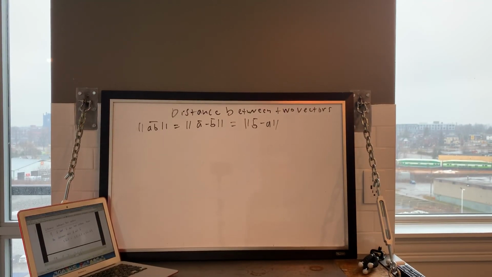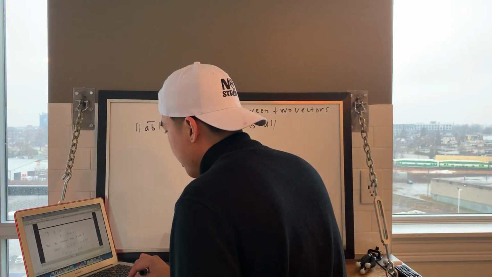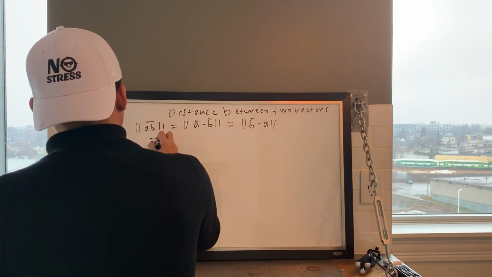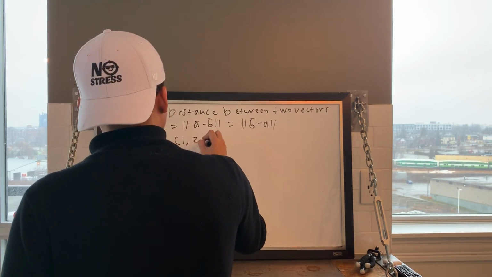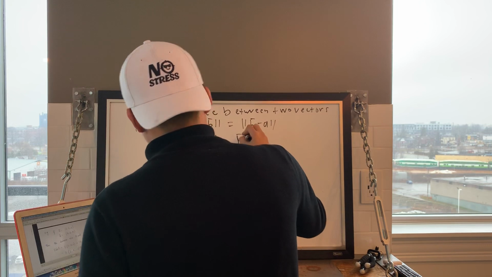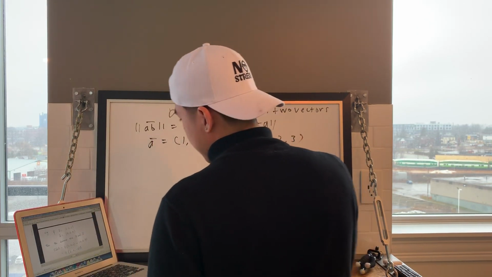Kind of like an absolute value kind of vibe. So you have A equal to, and this would be in R3 clearly because there are 3 points, and B equal to 0, 2, and 3, right?